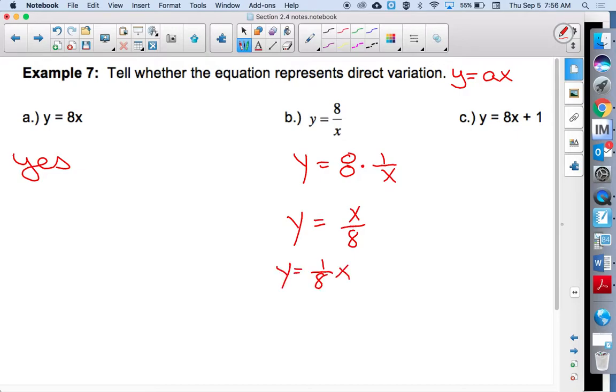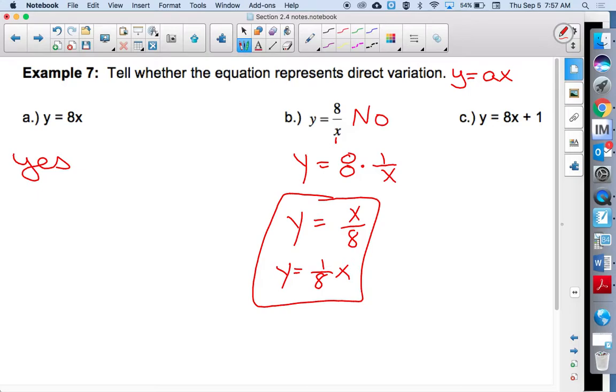So because the x is on the bottom here and not the numerical value on the bottom, this is not a direct variation. So this is really saying you have 8 times 1 over x. 1 over x is actually called an inverse variation. You're doing the opposite instead of multiplying. So this here, Jack, would be a direct variation, but this one is not.